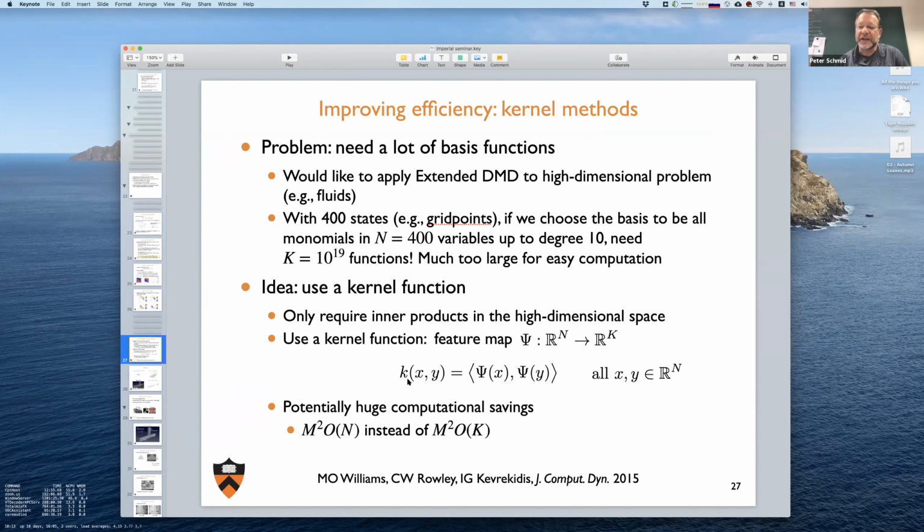I was wondering whether that carries over to your kernel trick. It may well do. I don't actually know. There's a very easy kernel for monomials: 1 plus x dot y to the power d, if d is the maximum degree. I don't know if there's a corresponding easy kernel for Chebyshev polynomials, but maybe there is, and that could be a really easy thing to try.